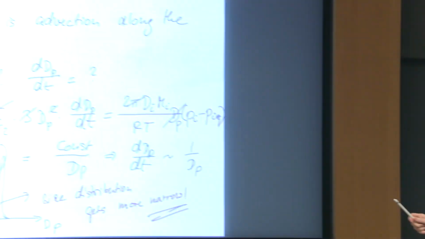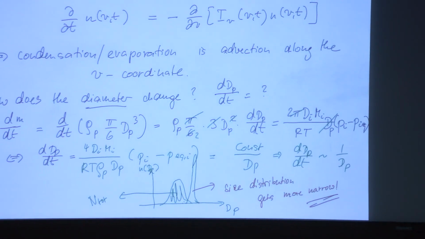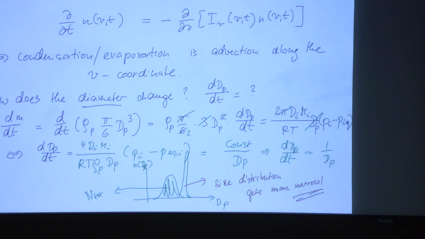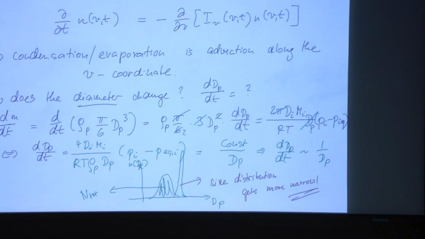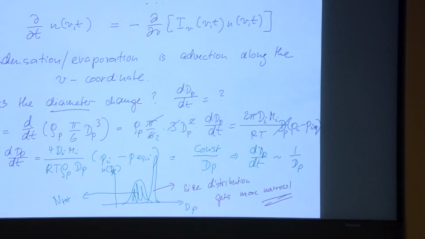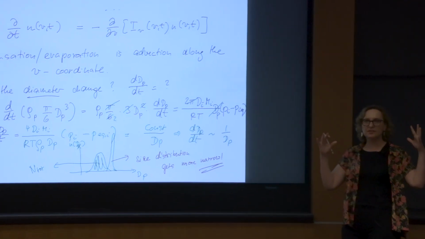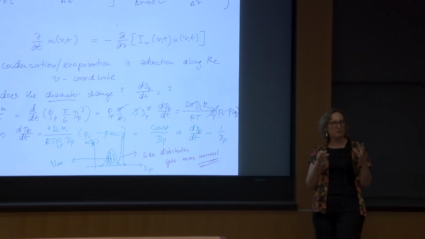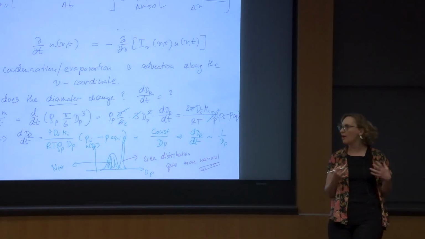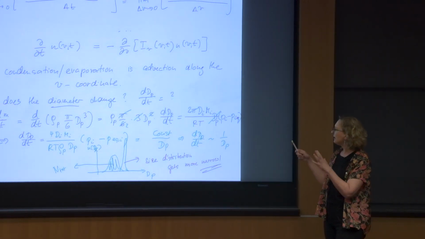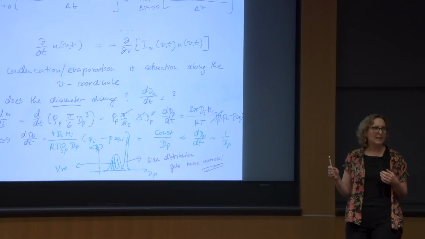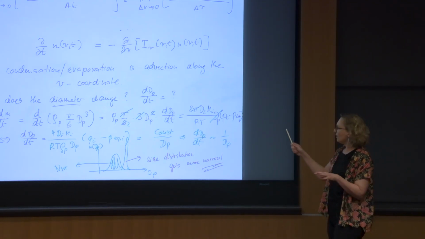So the first part here was to establish the condensation equation, right? Just before the break, we were thinking about how a size distribution changes its shape if it's subjected to a condensation process. We left it quite open what the gas is.